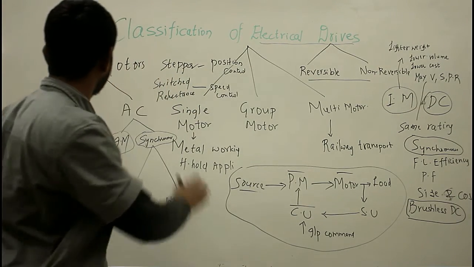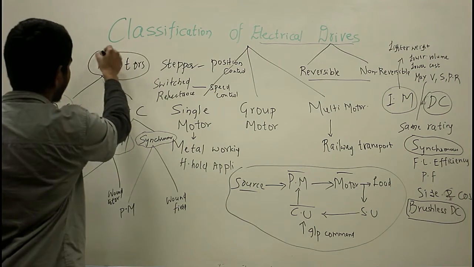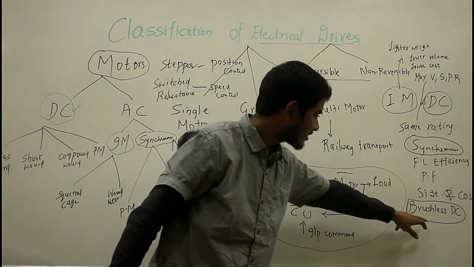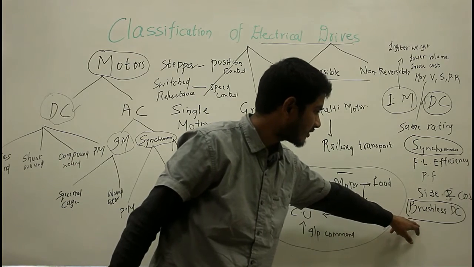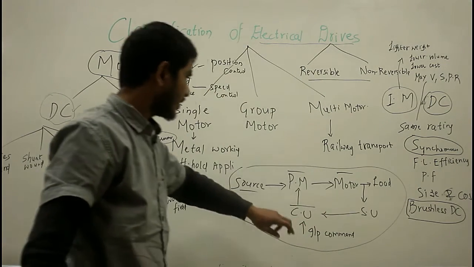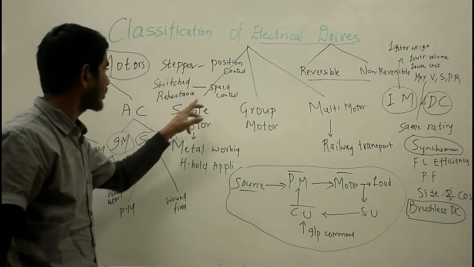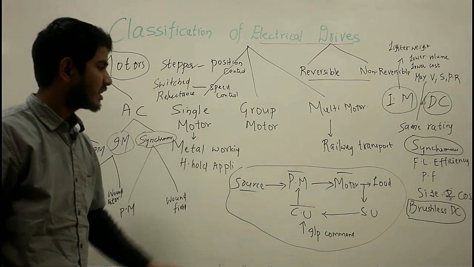So these are the classification of motors and their advantages: the brushless DC motor for replacing DC servo motors because of the commutation problems, the stepper motor for position control, and the switched reluctance motor for speed control.